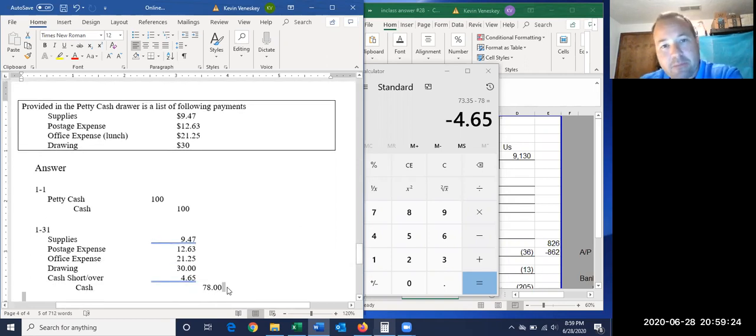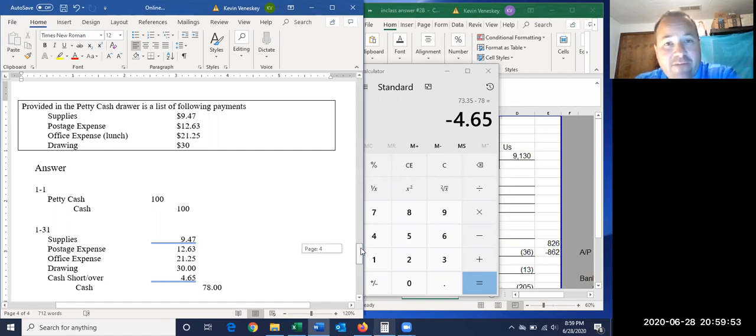And we're gonna come down to the bank, take out $78, and combine that with the 22 I already have. So now I'm right back to 100. And so when I went down to the bank, I took out 78. So I need to show that my cash account went down $78, put it into the petty cash. Notice nowhere on here did it show that petty cash went down. So now I know that at the end of the month, I'm back up to 100.